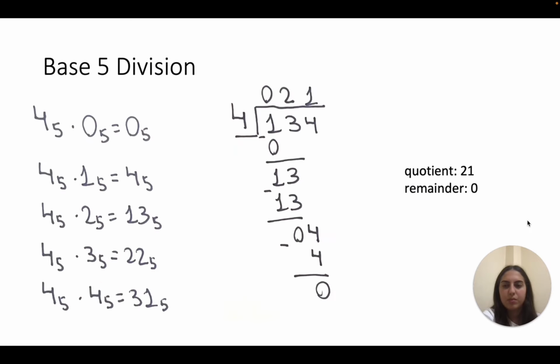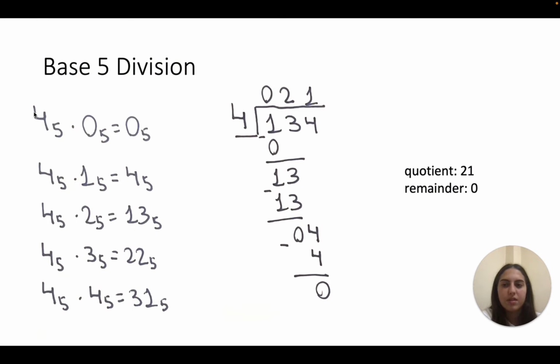So the last example for this video is again division, but this time in base 5. So let's look at our example. We have 134 divided by 4. The easiest way to do this is to have a table of multiplications.